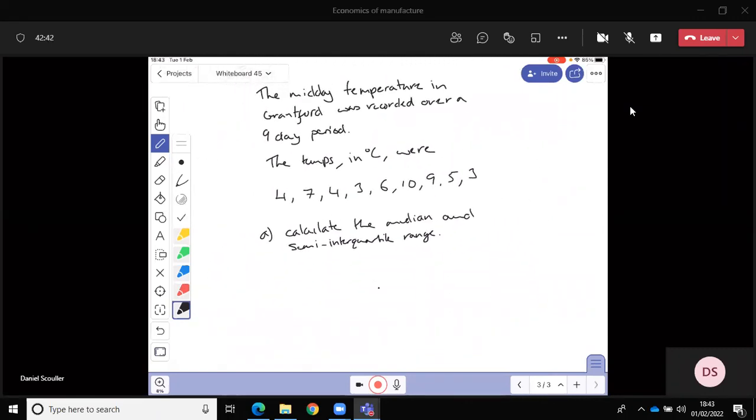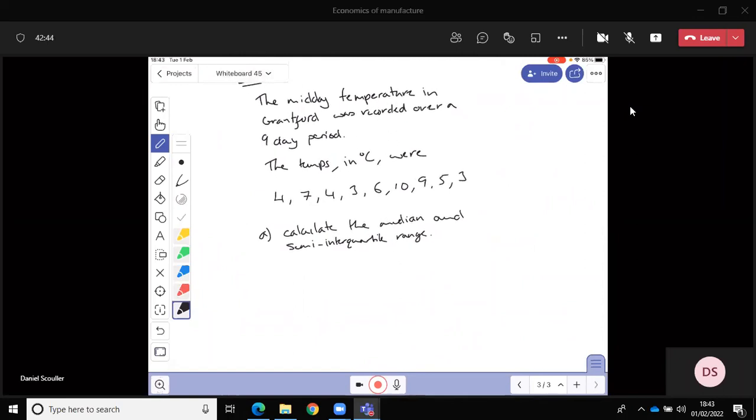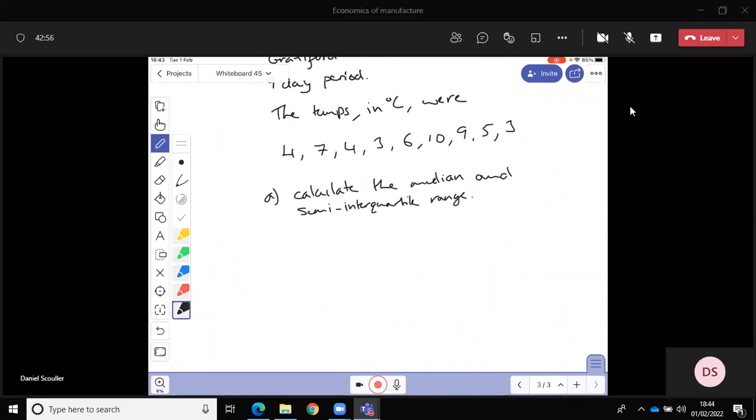Now, you think back to what the median is, and what the semi-interquartile range is. First thing I said to do was we need to list them from lowest to highest. So step 1 for us would be list them small to high.